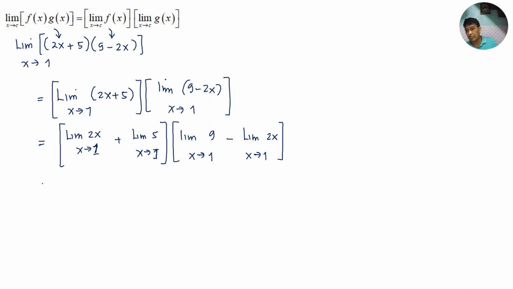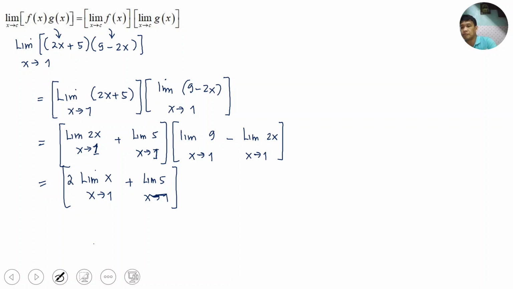But then again, gagamit ulit tayo ng theorem number 3. So, lalabas lang natin yun. So, magiging 2 times the limit of x as x approaches 1 plus the limit of 5 as x approaches 1. And then, multiply natin siya sa limit ng 9 as x approaches 1 minus 2.